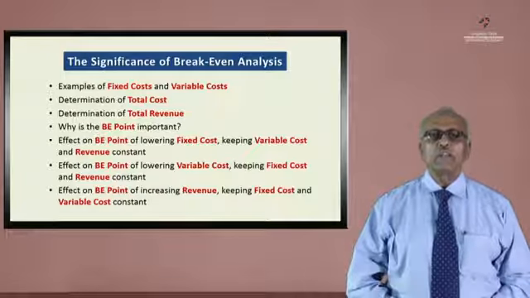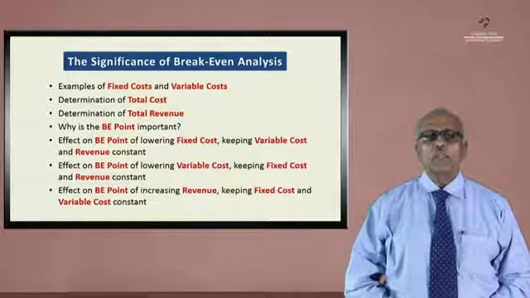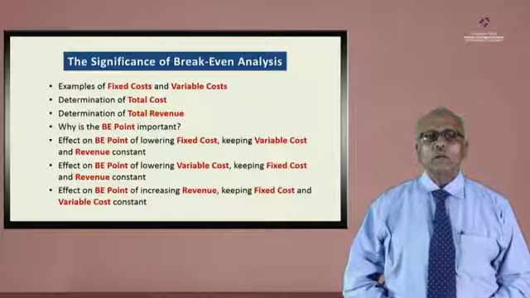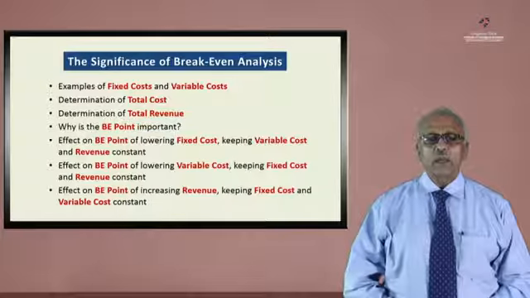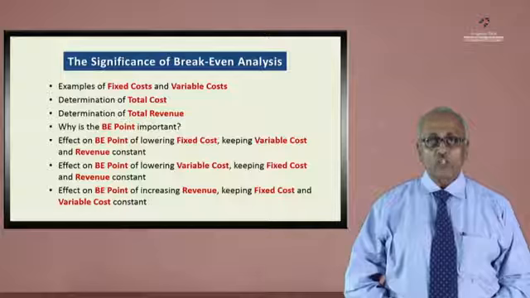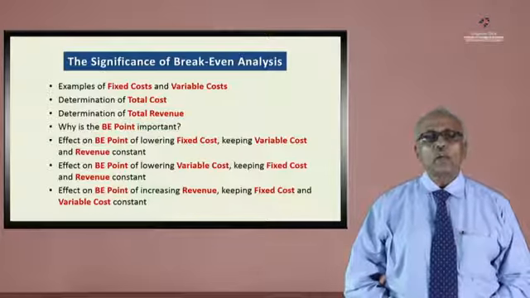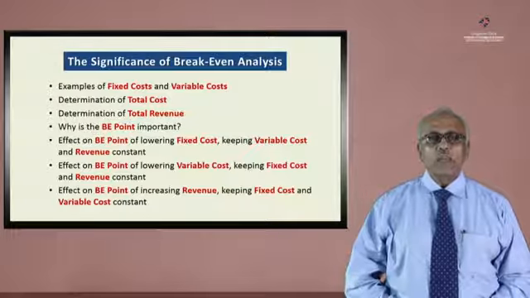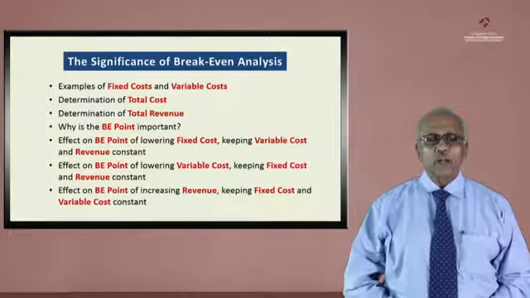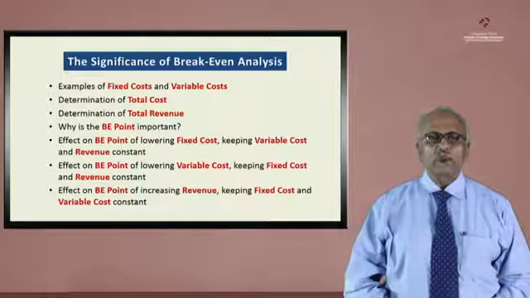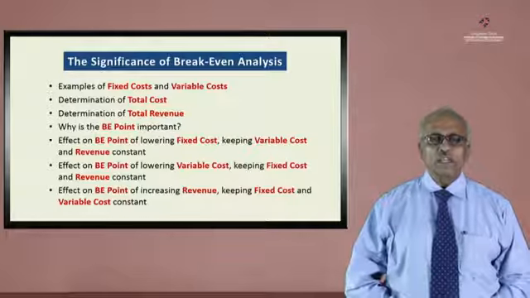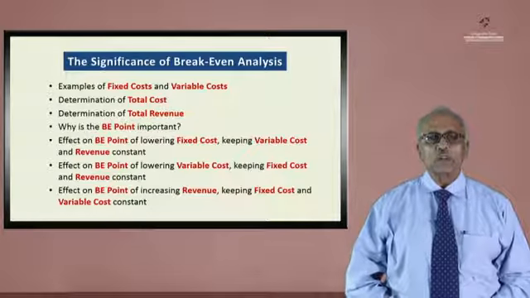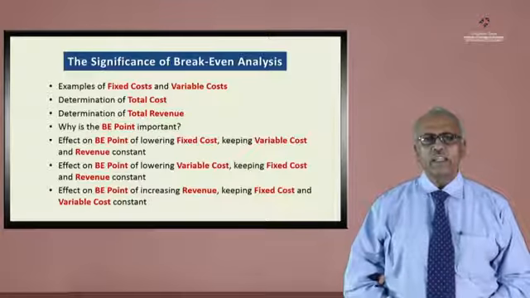Once you have determined the break-even point for a particular combination of costs and revenues, you can move the break-even point to the left by lowering the fixed cost, keeping the variable cost and the revenue constant, or you can move the break-even point to the left by lowering the variable cost, keeping the fixed cost and the revenue constant, or the third technique would be to increase the revenue, keeping the fixed cost and the variable cost constant. We will look at all 3 techniques one by one.